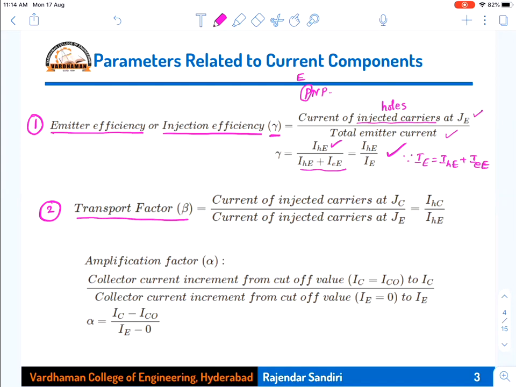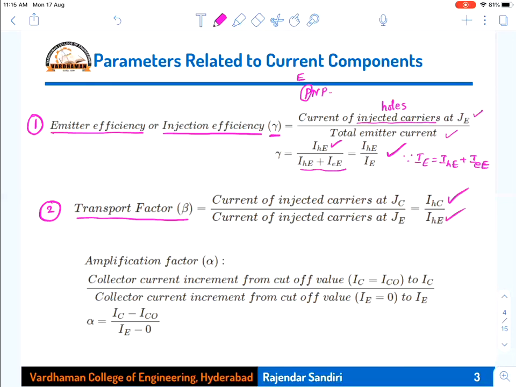That means how many are injected at the emitter, how many are injected at the collector junction. So emitter junction is 100, collector junction is 95. Then in the base, the remaining 5 are recombining. So the current of injected carriers at JC is IHC. These injected carriers are again holes only in case of PNP. And the current of injected carriers at junction JE is IHE.